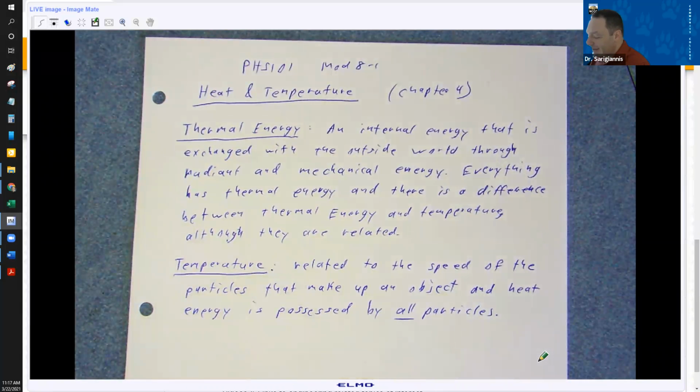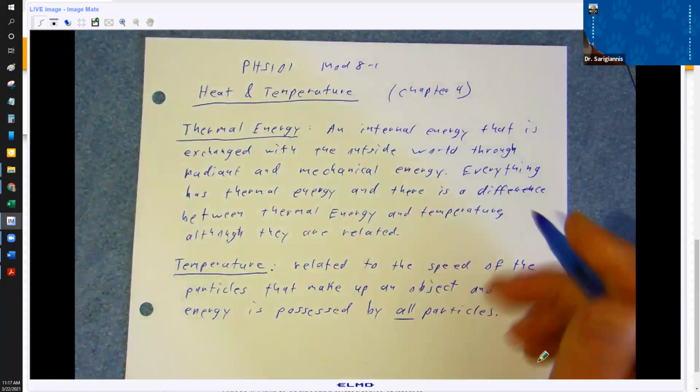So every object has molecules or atoms that are making it up, and the temperature is related to the speed of those particles. Every one of those particles contains or possesses heat energy, and that's what causes it to move.